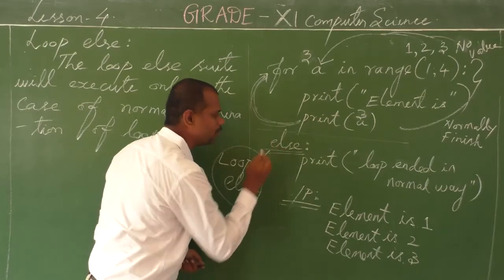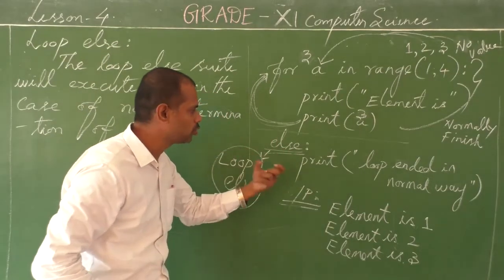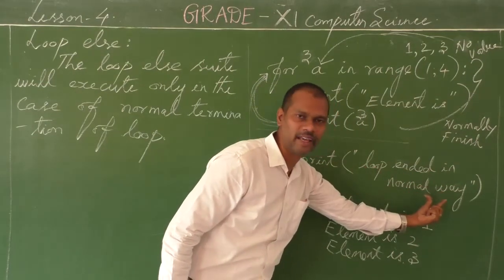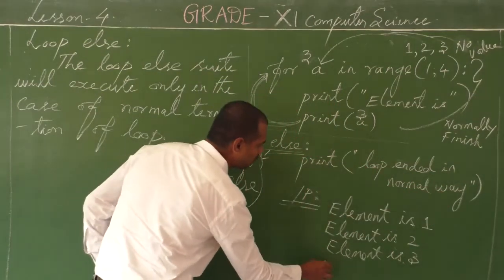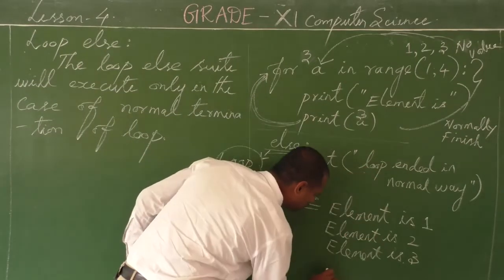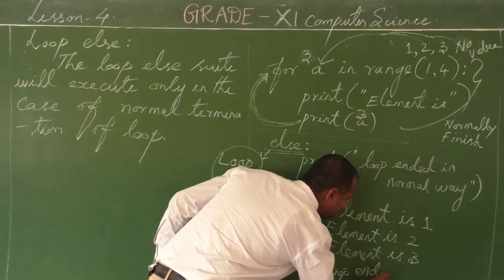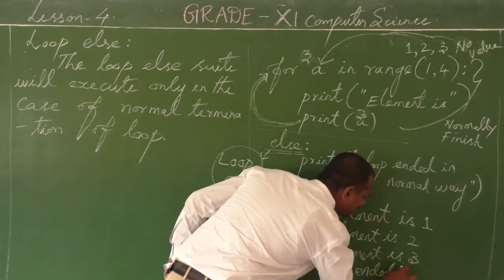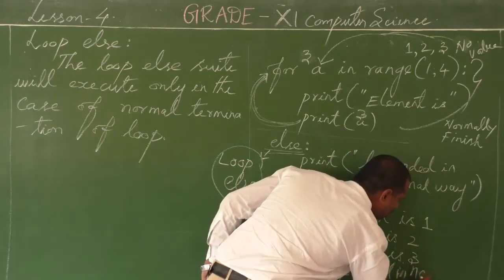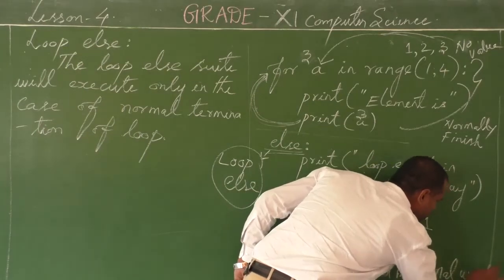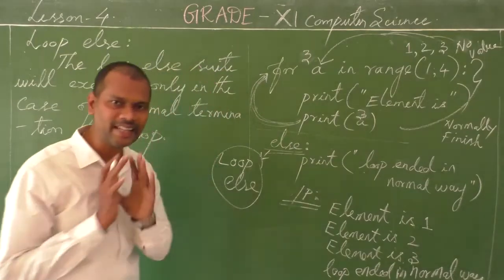This loop else will now be executed, so it will print loop ended in normal way. So on the next line, loop ended in normal way. Got it? Very simple.